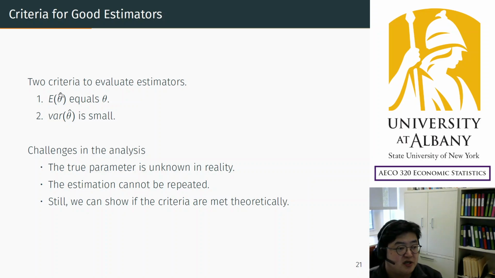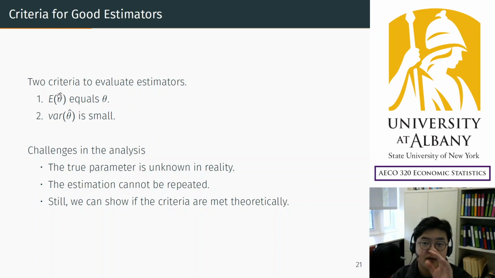We are going to think about the sampling distribution, and more specifically, the mean of the estimator and the variance of the estimator. In terms of the mean, what we want is for the mean to equal the true parameter. Then it does not overestimate or underestimate. It is, on average, correct.